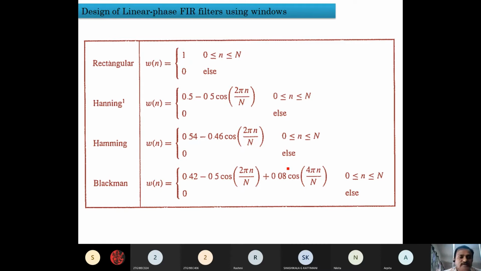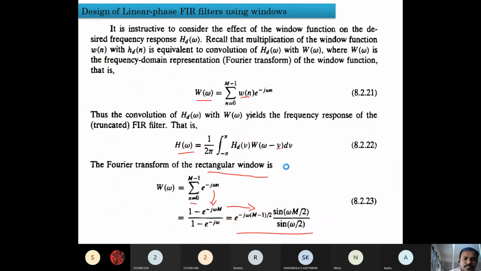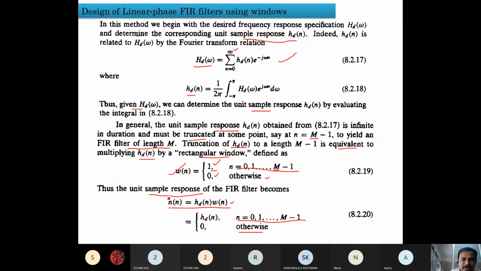There are so many windows, but here we are going to summarize only 4. The first is the rectangular window function, which is multiplied with HD of n. This gives the final frequency response of the FIR filter: H of n is equal to HD of n into window function W of n.